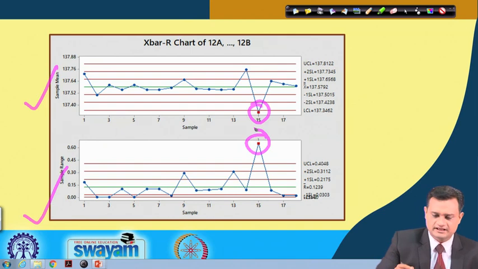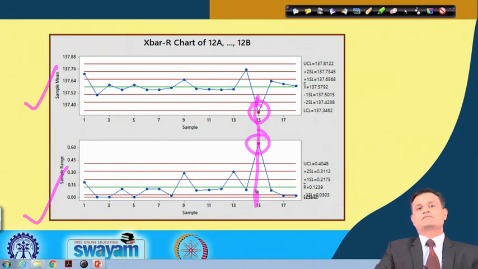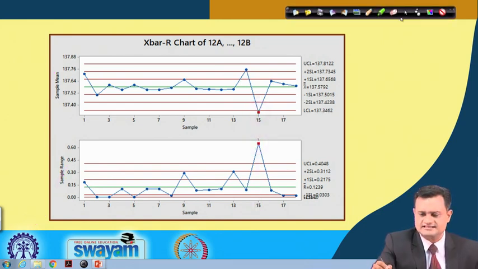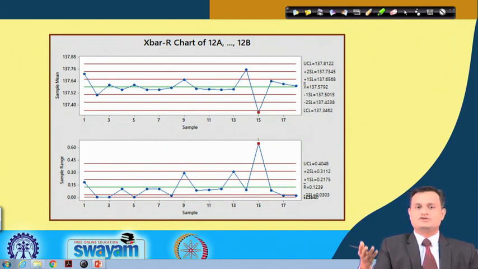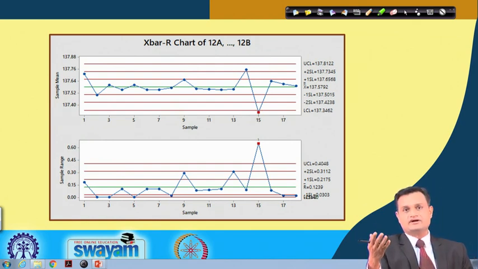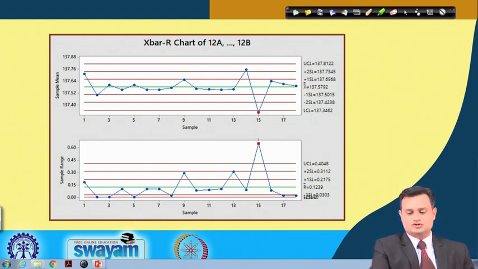This could be a problem or point of concern specific to sample number 15. If you are setting the trial control limit, you can eliminate this point. If you already have a well established limit, then you try to take corrective action in order to get rid of an assignable cause and bring the process back into control.